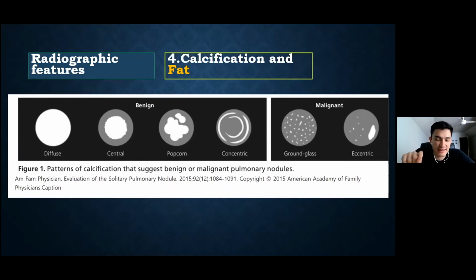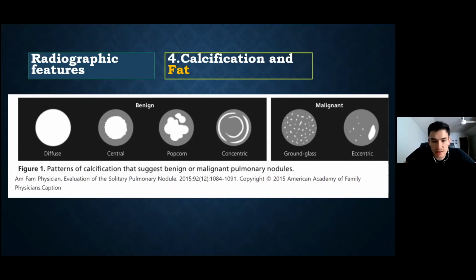Popcorn is that the calcification has this specific pattern that looks like a popcorn. Concentric is that there is calcification, but in a laminated form and a concentric way. And malignant includes eccentric calcification or ground glass calcification.